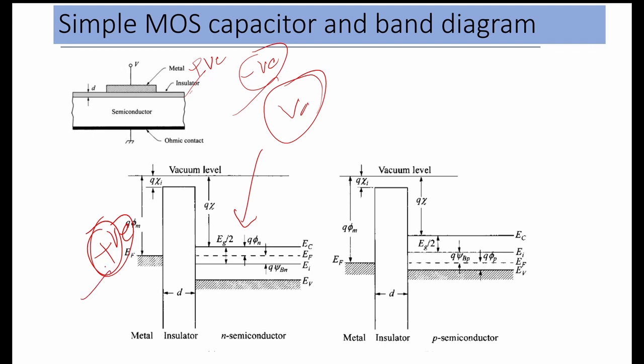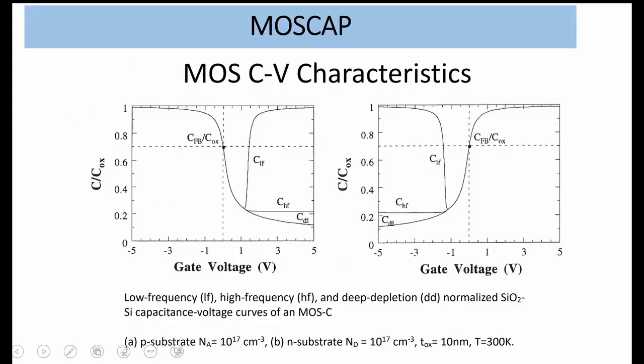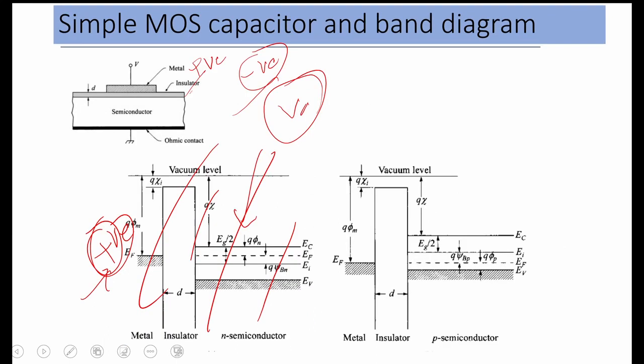Let us talk about the P-type semiconductor, because the subsequent slides are for the P-type semiconductor only. Assume that initially it is in the accumulation regime. Let us say we apply a negative voltage at the metal junction.